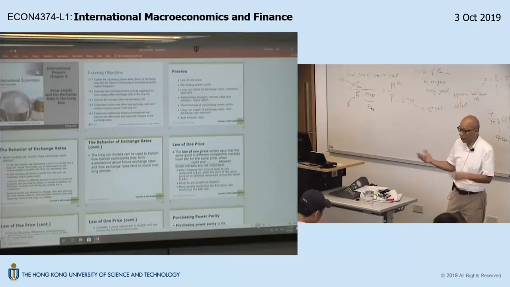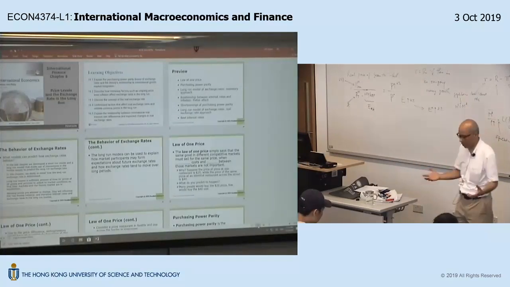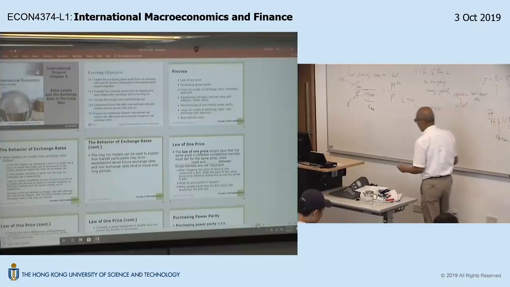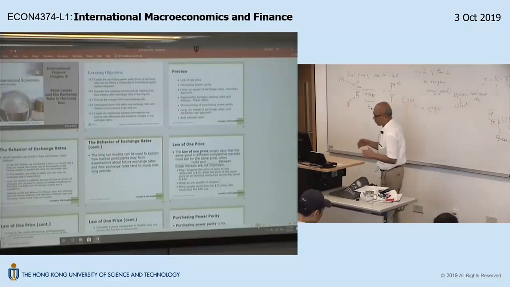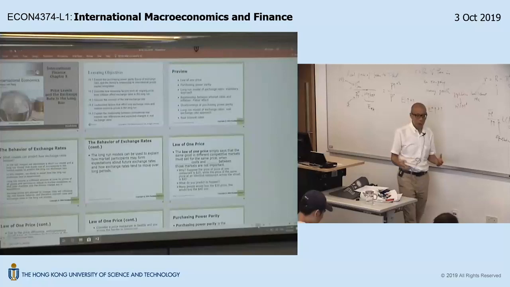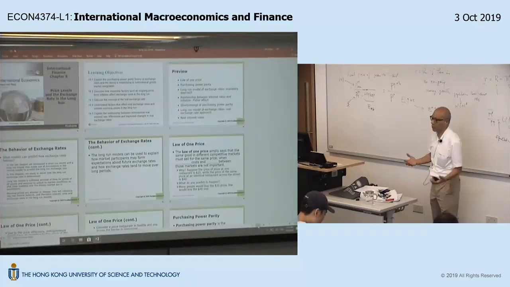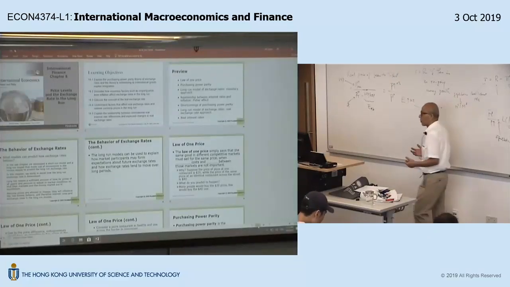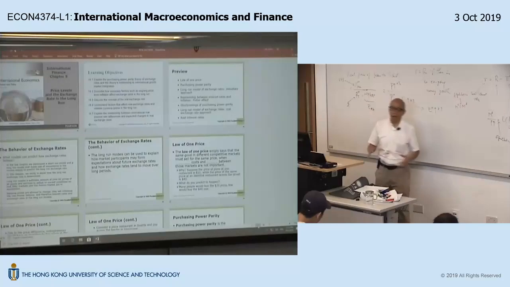So in chapter 4 we just talked about purely monetary shock, right? But in this chapter we're going to look at both purely monetary shock and some sort of non-monetary shock as well.